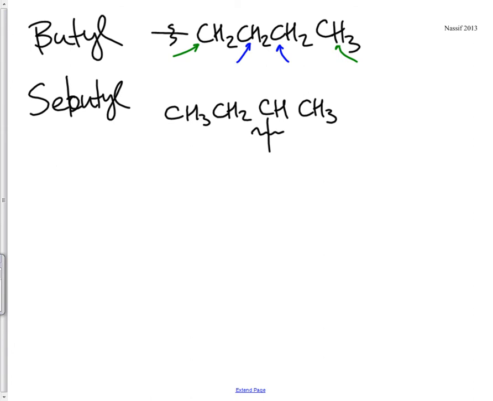One way that students choose to remember this is that this carbon is a secondary carbon because the carbon has two carbon groups attached to it. Secondary, sec. We have two more butyl groups to get through. We have our isobutyl and our tert butyl, or tertiary butyl.